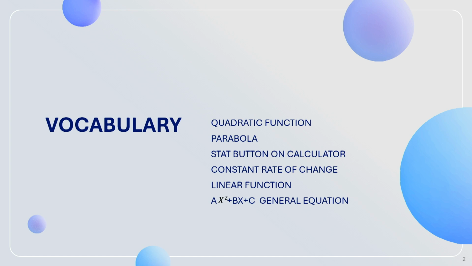We're also going to learn how to do some things on the calculator. So we're going to look at that stat button, and we're also going to look at the constant rate of change. We're going to remember those linear functions, and then this new general equation for our quadratic function is ax squared plus bx plus c. So let's go ahead and dive on in and see what we've got.